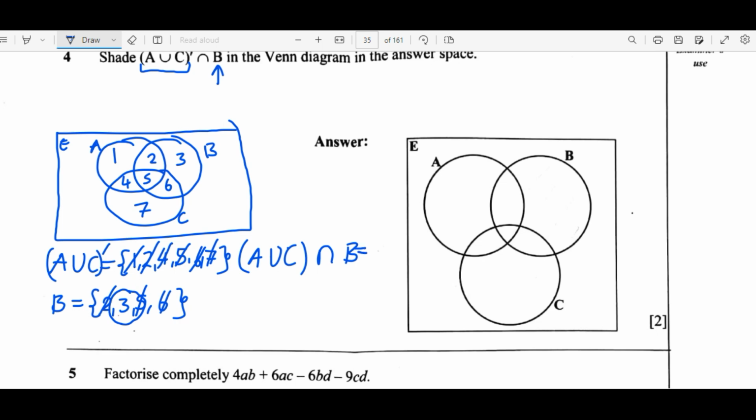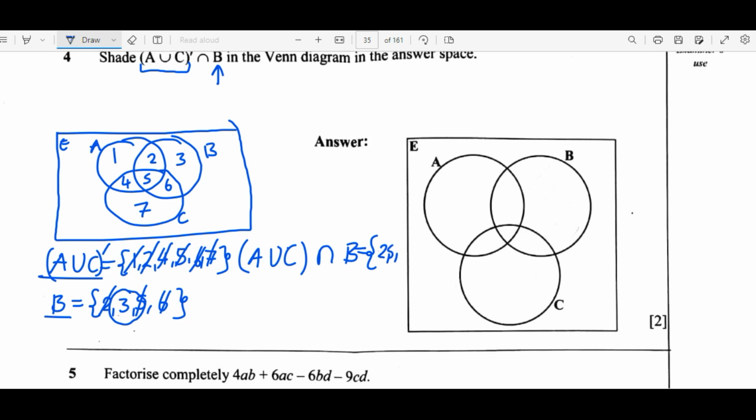So what is A union C intersection B? We just want the elements that are found in this, the elements that are found here and here. We can see that 2 is there. What else? 3 is no. 5, yes.